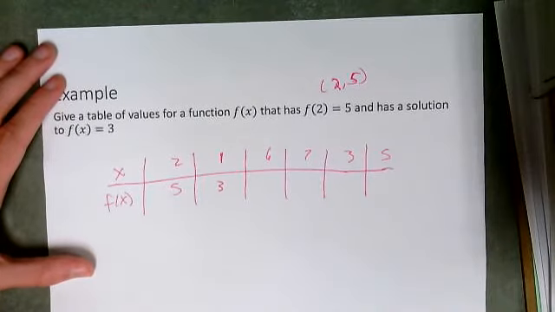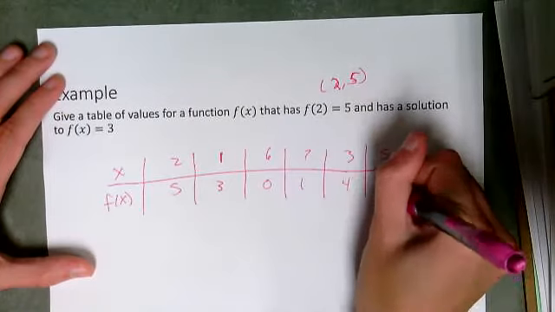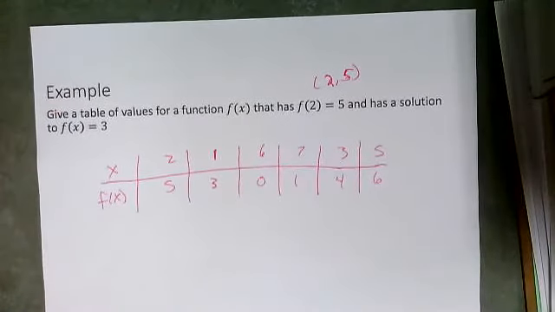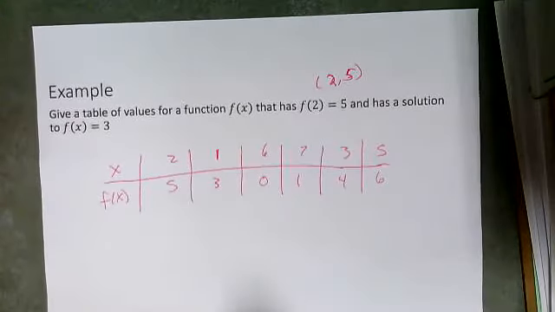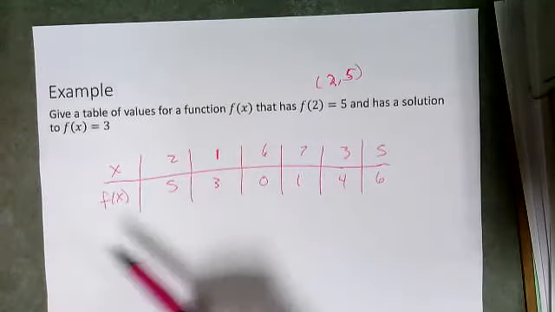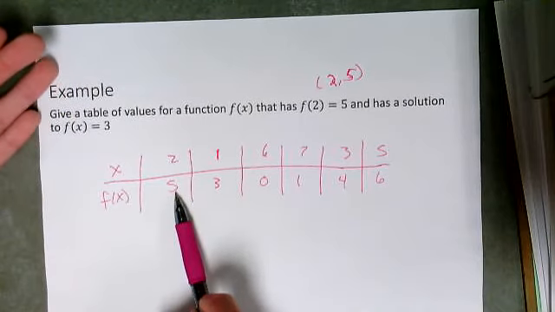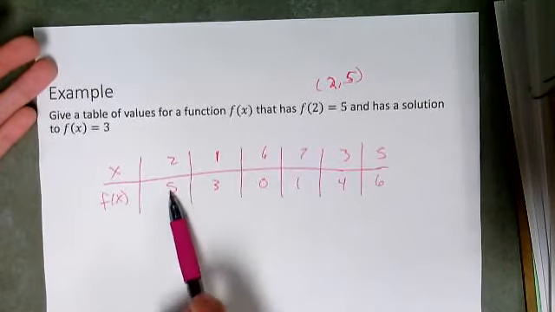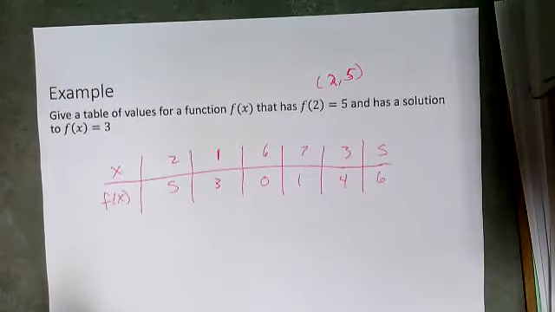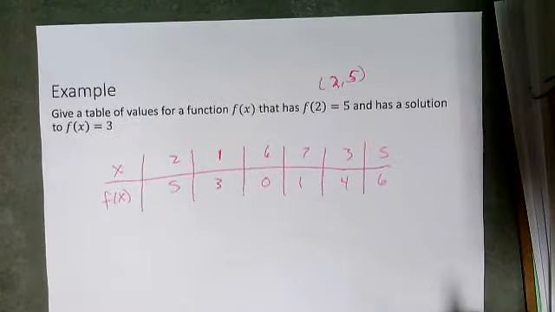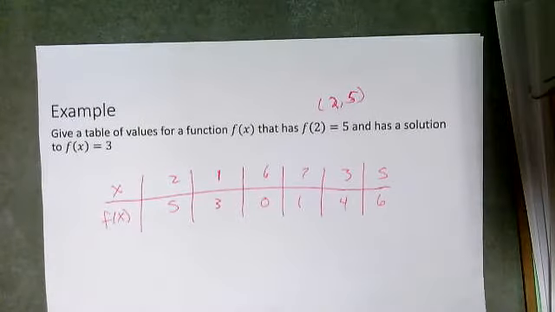Sure. All right. Let's say 0, 1, 4, 6. All these input values are distinct, different. So this is a function. It has the point 2, comma 5, and it has a solution to f of x equals 3. Okay. Many different ways you can come up with stuff. There are easier things, harder things, but that's how I do it.